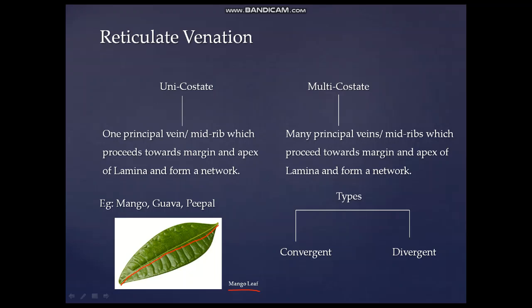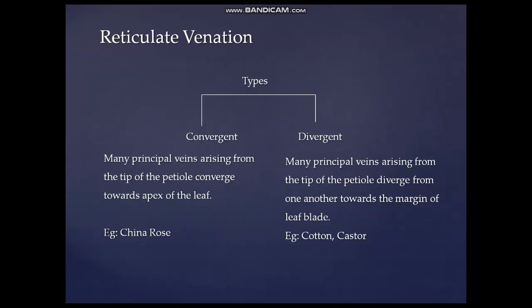Now, in case of multicostate, multi means many. Many principal veins proceed towards the margin and apex of lamina and form a network. They are of two types, divergent and convergent. In convergent, many principal veins arising from the tip of the petiole converge towards the apex of the leaf. In divergent, many principal veins arising from the tip of the petiole diverge from one another towards the margin of the leaf blade.